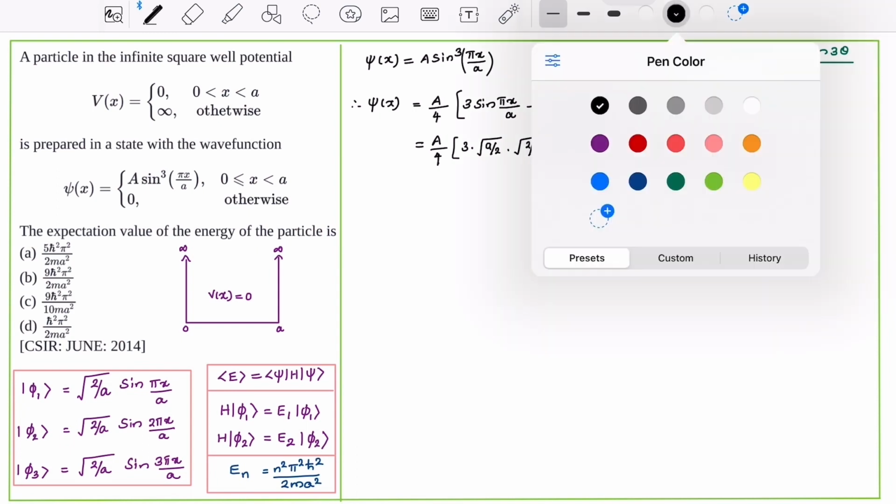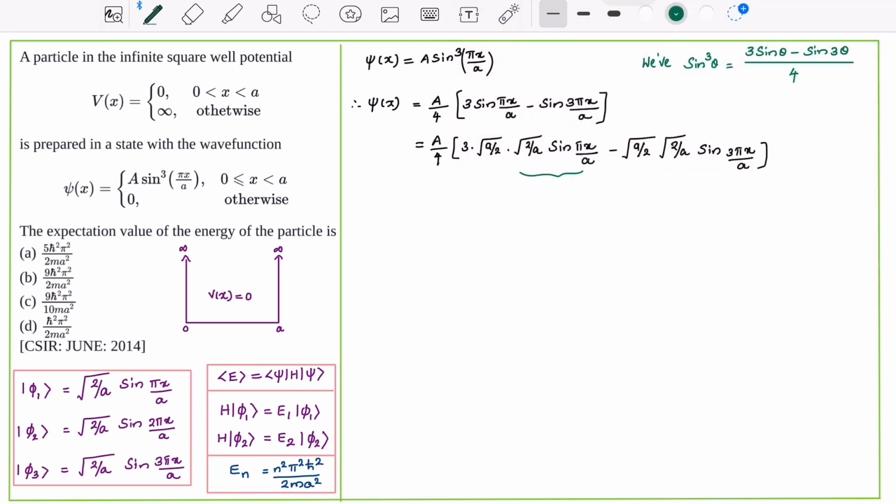Root of 2 by a sine pi x by a is nothing but the ground state wave function phi 1, and root of 2 by a sine 3 pi x by a is nothing but the second excited state wave function phi 3. Therefore, psi of x becomes 3A by 4 root of a by 2 times the ground state wave function minus A by 4 root of a by 2 times the second excited state wave function.